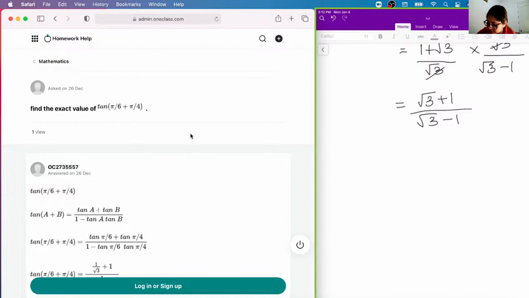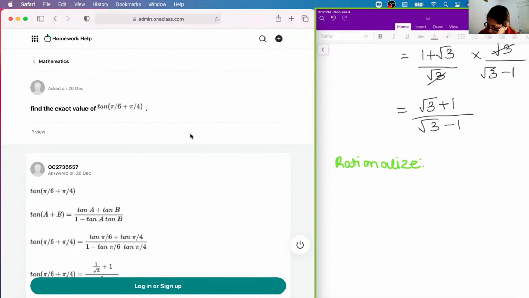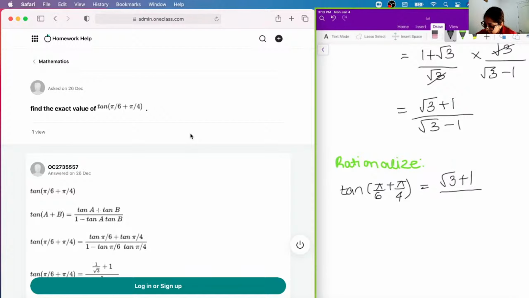Tan of pi over 6 plus pi over 4, we got root 3 plus 1 over root 3 minus 1.